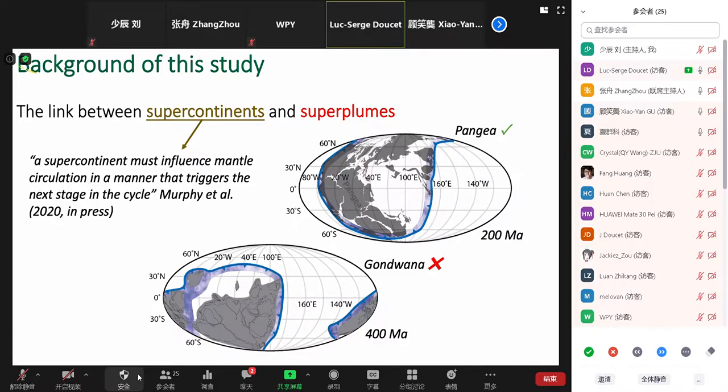So if you look at all the OIB in the Pacific, except Samoa, which could be an exception, they still lie on the northern hemisphere reference line.